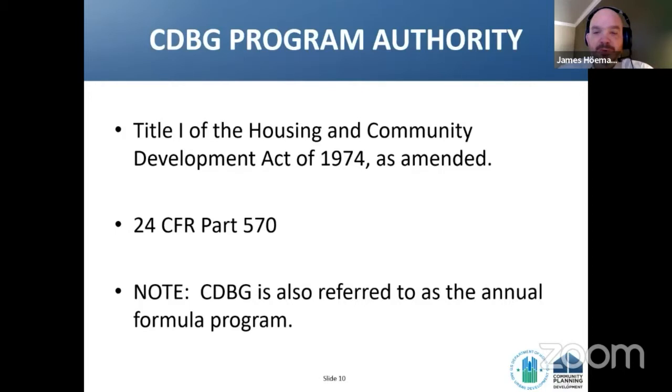If you've been around for a while and you know about the NSP program, same thing there. The CDBG disaster recovery supplemental appropriations use that, as well as the CDBG-CV program. Because of its flexibility and the wide array of activities that you can fund with CDBG, it's often used by Congress for supplemental appropriations. Next slide.